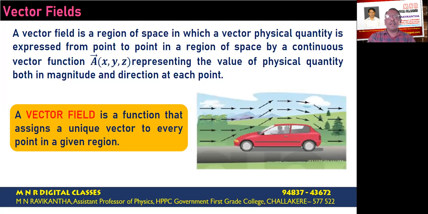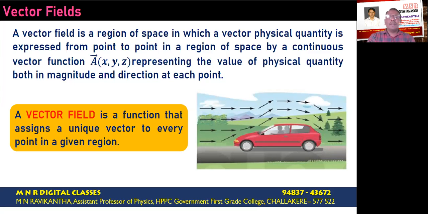Now observe the diagram. When a vehicle moves, the air blowing opposite to the direction of motion is represented by streamlines. So the collection of all these arrows together represents the velocity field.